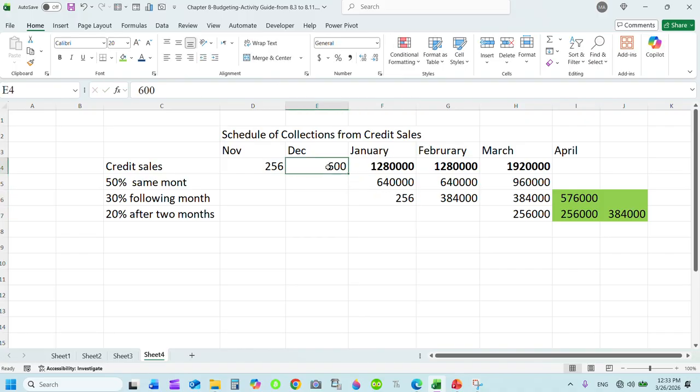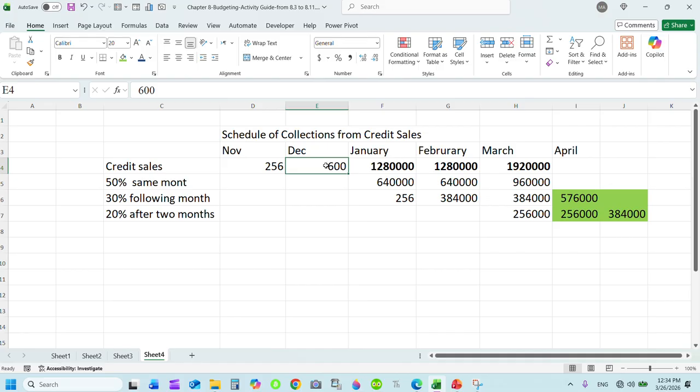Now this December, these 600,000 coming from last month's sales. That means last month's credit sales should be somewhere around 1.2 million. That information is not needed, right? December's credit sales should be 1.2 million. Why?